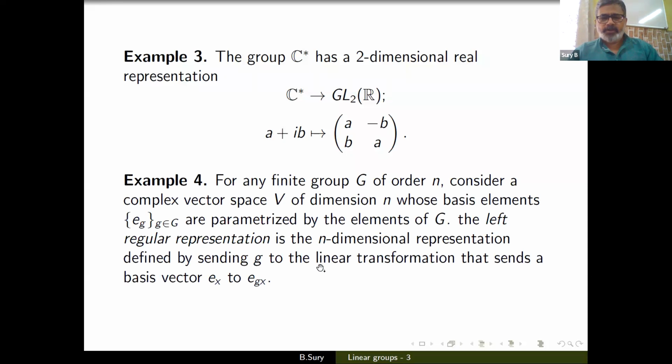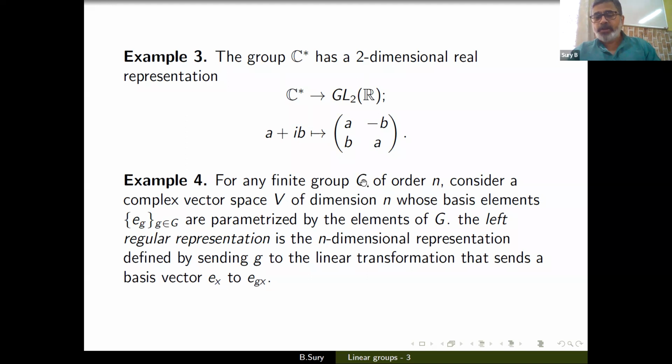For any finite group of order n, now we can construct some kind of universal object, in the sense that you look at an artificial vector space made up of, suppose the group is of order n, a basis of n elements. You take one basis element corresponding to each group element.